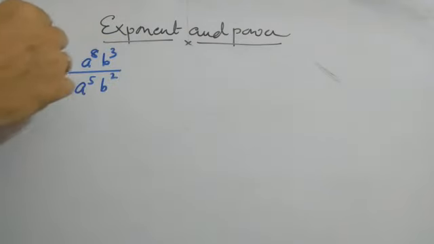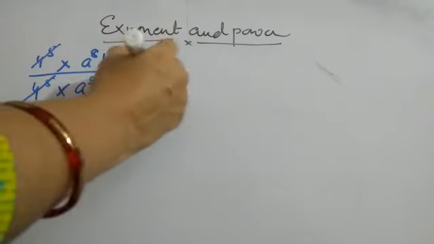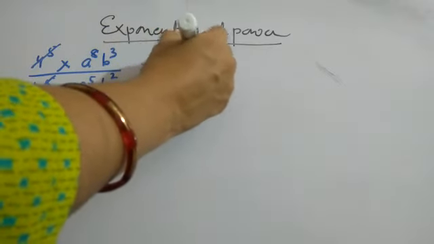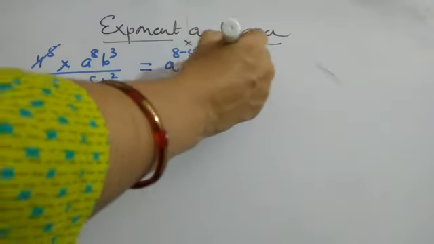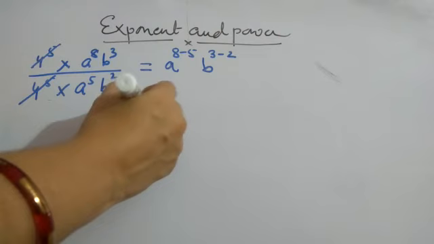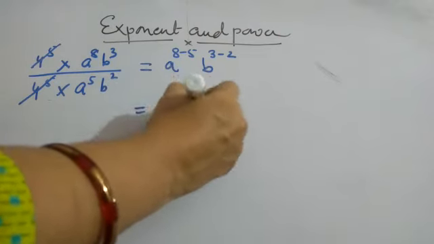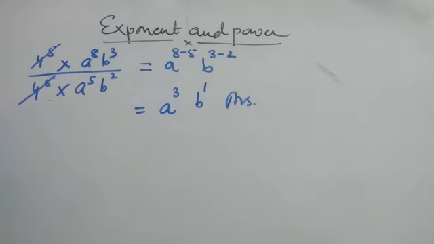Now this is 4 power 5. 4 power 5 will cancel. Okay. Now this is a. So a to the power 8 minus 5, because they are being divided. B to the power 3 minus 2, again they are being divided. Now 8 minus 5 is 3 and 3 minus 2 is 1. So this will be the answer. A cube b power 1 is the answer. Thank you, children.